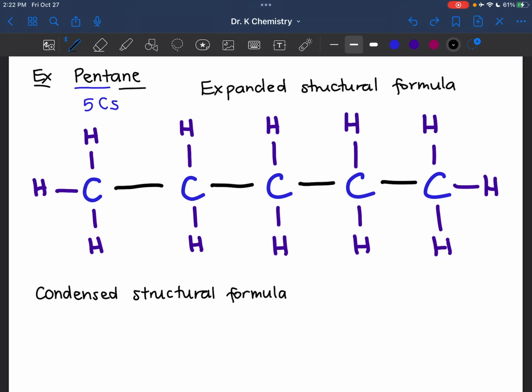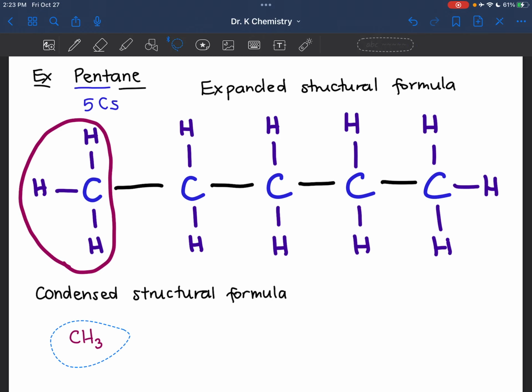In the condensed structural formula, you're going to see how the carbons connect to each other, but not the hydrogens, because we know that all of these hydrogens are connected to the same carbon, so we can collapse them down into one group. So you could take this group and call that CH3. I know that this group has a carbon and 3 hydrogens, and I'm just going to collapse that down into one group.